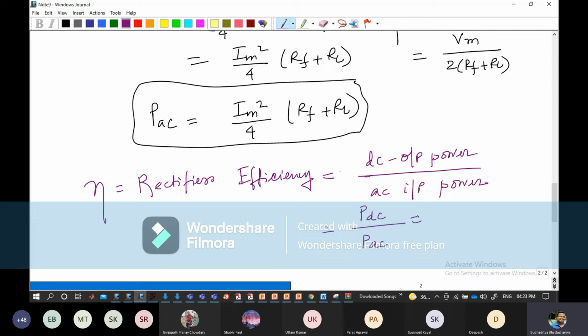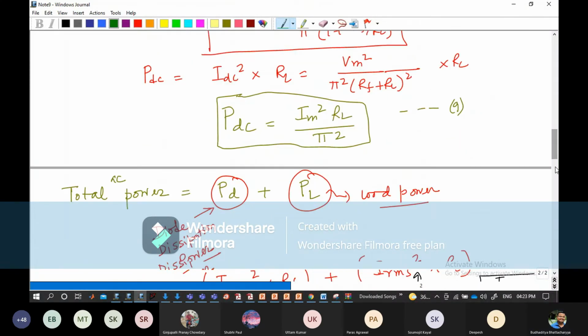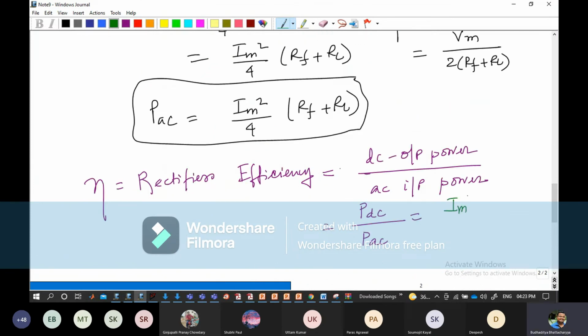And if I substitute everything we have as of now, what was PDC? If I go back, PDC was Im square RL by pi square. So we substitute Im square multiplied by RL by pi square, divided by PAC, which we have just found, Im square by 4 multiplied by (Rf plus RL).